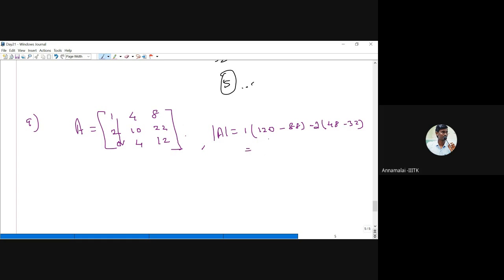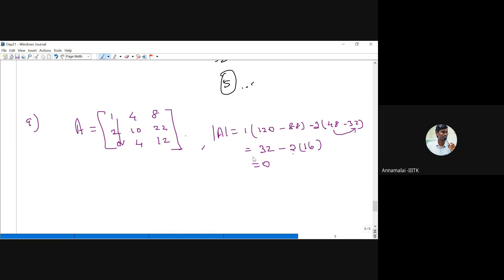Now simplify this. 120 minus 88 is 32. 32 minus 2 times (48 minus 32, which is 16), so 2 into 16 is 32, and we get 32 minus 32, which is 0. Since the determinant of the matrix is 0, the rank is not equal to 3.